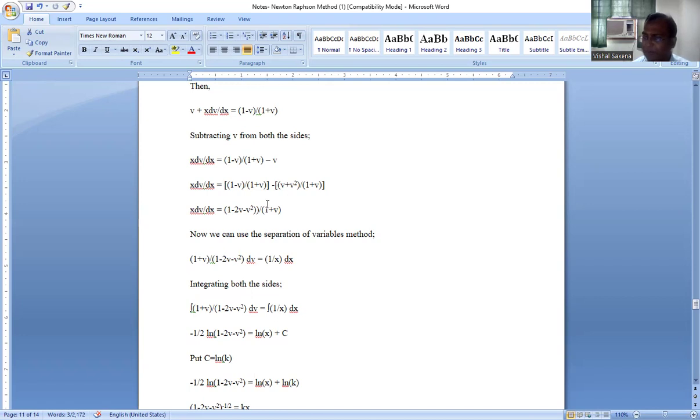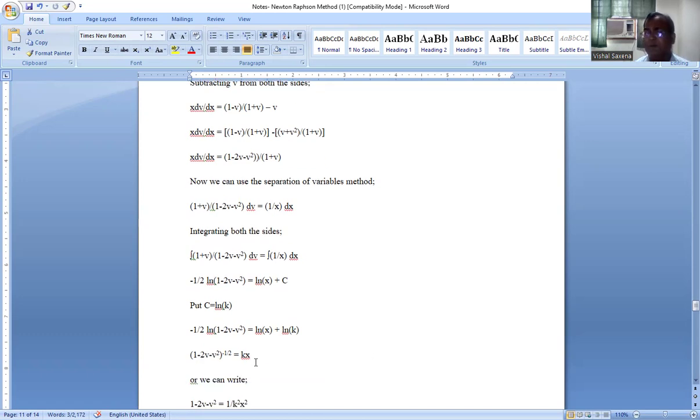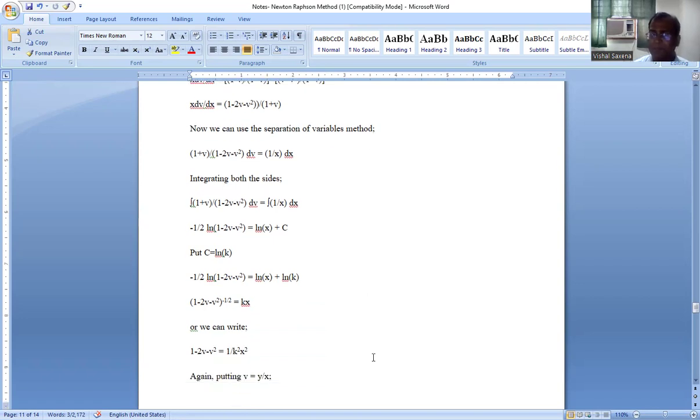Further, this equation can be simplified more by taking c equal to log k, because if all the terms are in log, it can be reduced to a better form. Then you can see minus 1 upon 2 log of (1 minus 2v minus v square) is equal to log x plus log k, which is simplified by the property of log, log a plus log b is log ab.